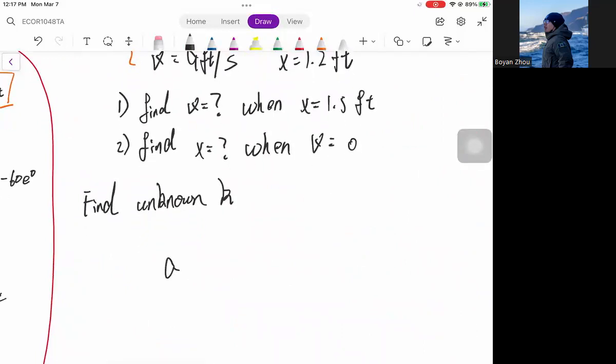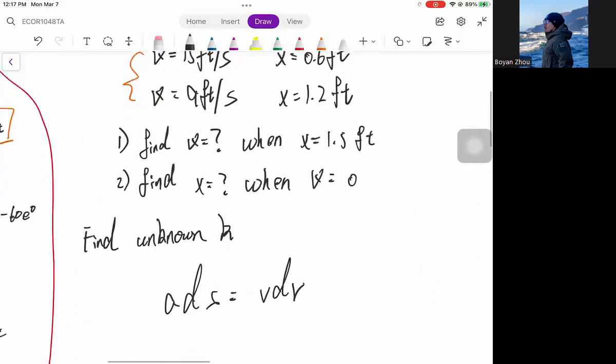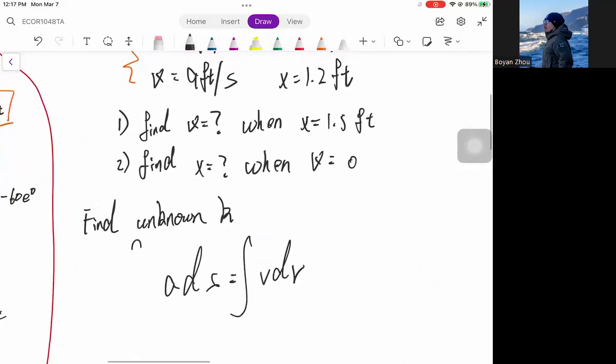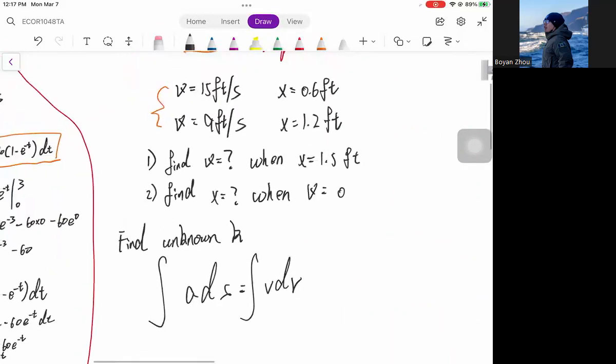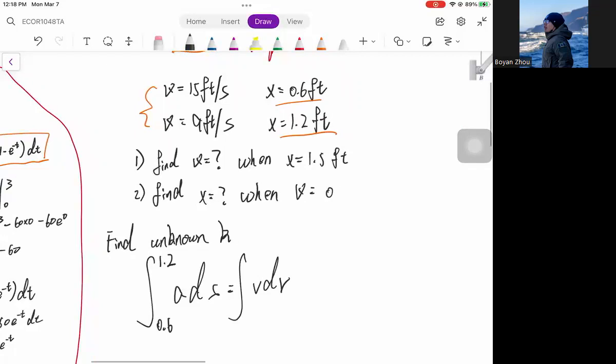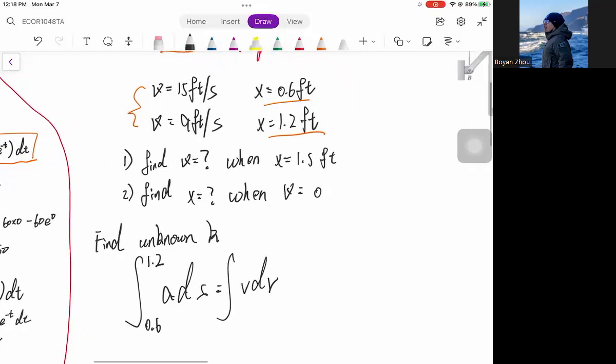So I'm going to put a ds is equal to v dv, and we can just integrate both sides. On the left hand side it's going to be s, so the displacement here is x. I'll put 0.6 as the lower boundary and 1.2 as the top boundary, so on the left hand side we're evaluating from 0.6 to 1.2 of a ds.